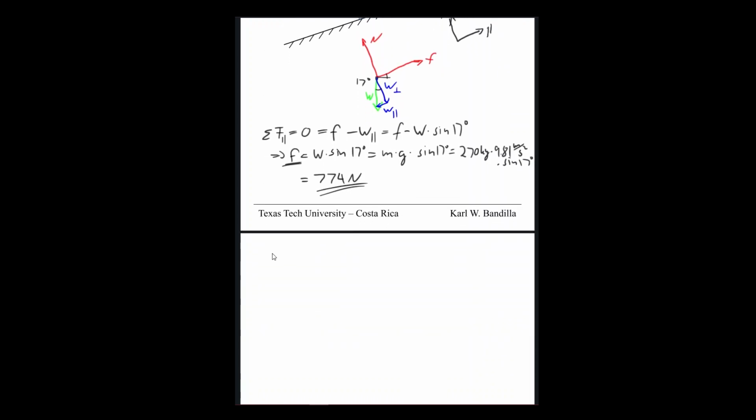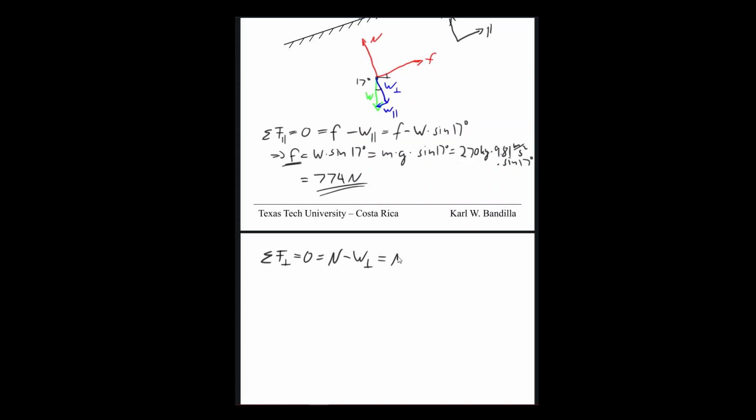The other unknown we'll get if we go in the perpendicular direction. Sum of forces perpendicular equal to 0. Very important to always note that. What do we have in the perpendicular direction? Well, we have the normal force going upwards, so positive, and then W perpendicular going downwards, so negative.